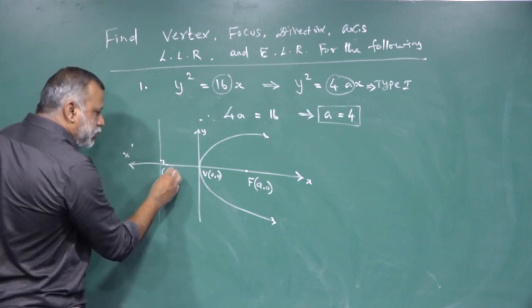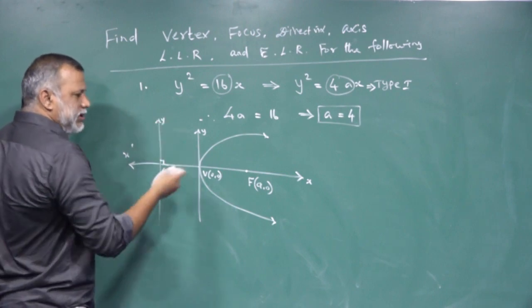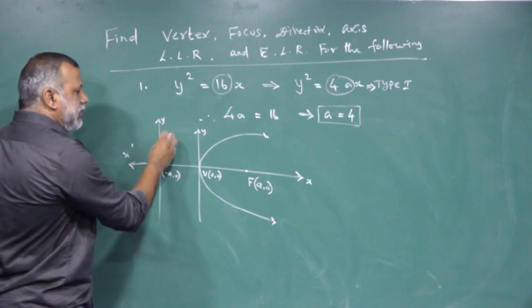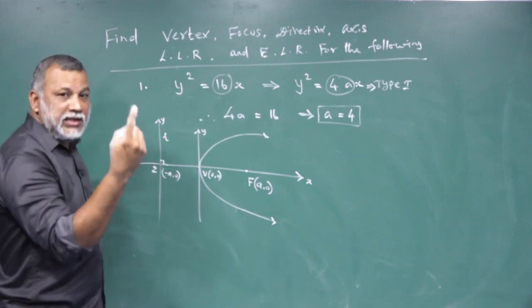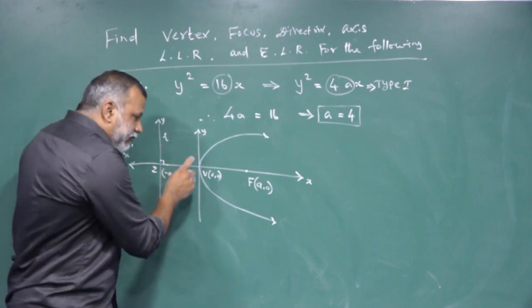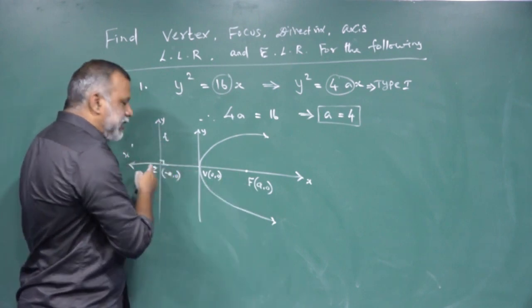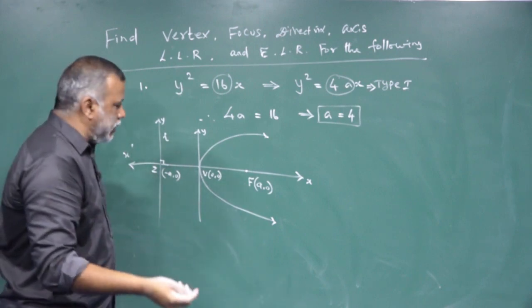This directrix passes through minus a, 0. Very simply, you can memorize the concept. Vertex is the midpoint of F and Z, where Z is on the directrix L. So already in the basic theoretical concept, V is the vertex, it must be the midpoint of F and Z. So always you can remember this one.